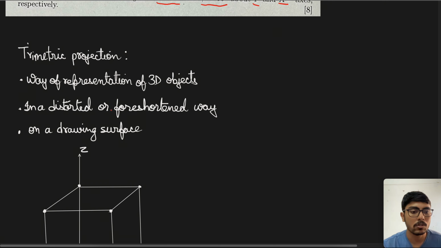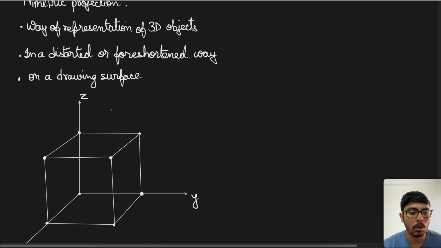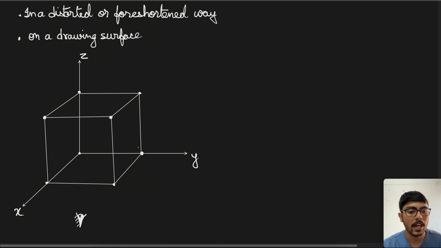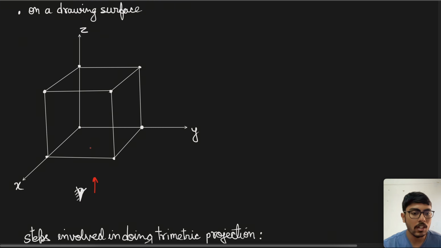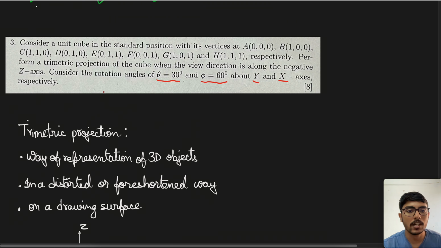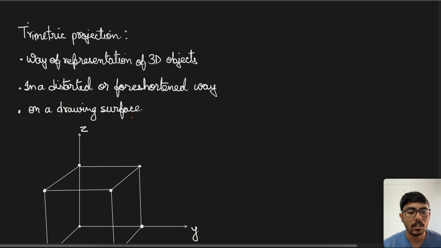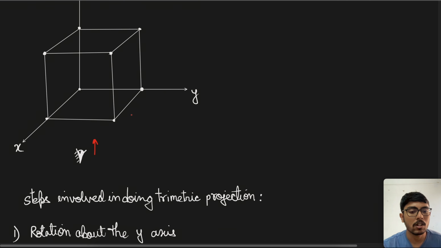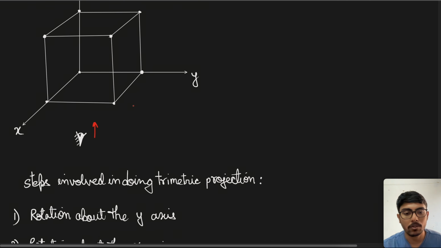If we see the problem given above, we have the view location towards the negative z axis, and this is how we are looking at the cube. It is a unit cube, so all the vertices will be marked as given in the question. Now, what are the steps that we are going to follow here?